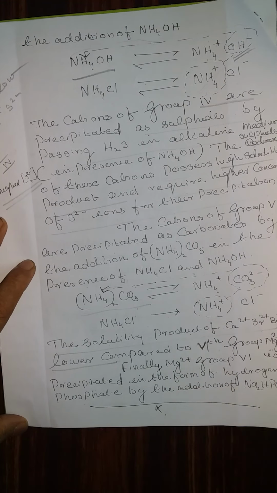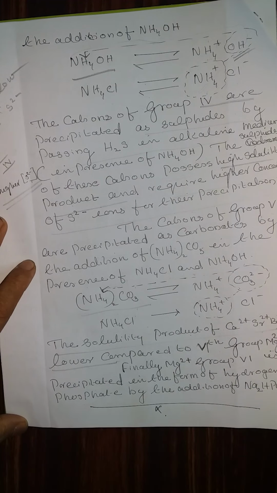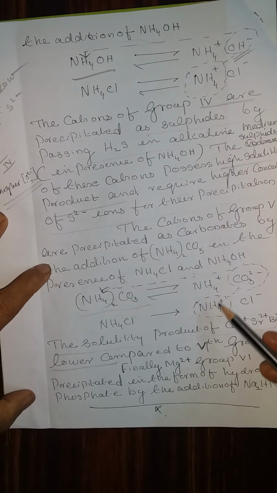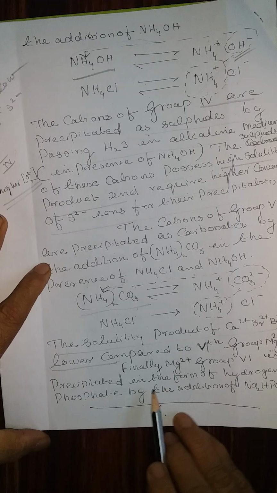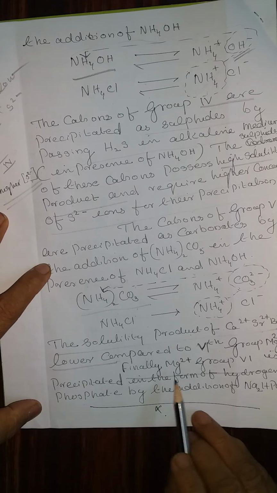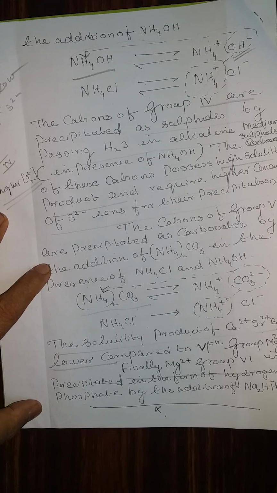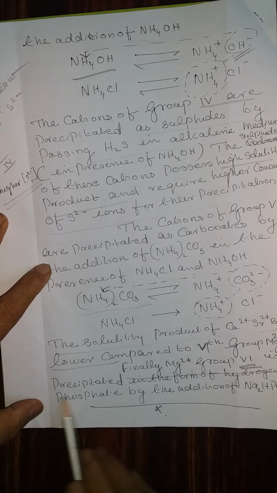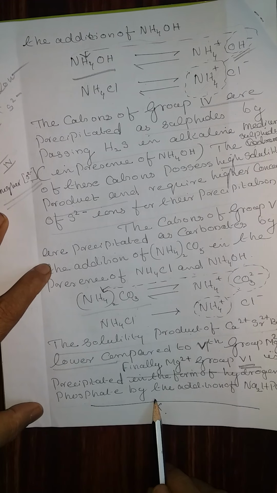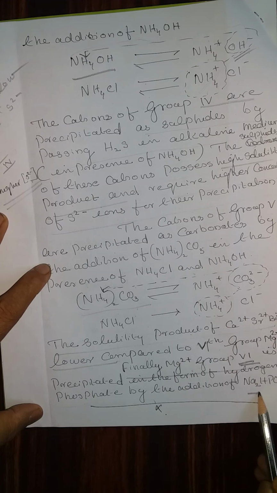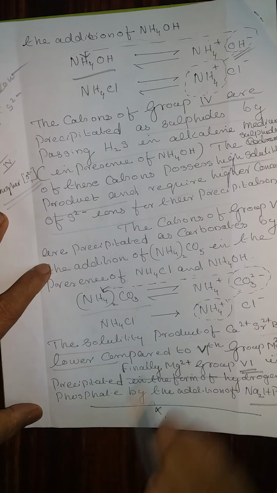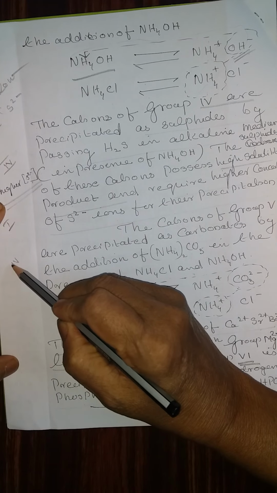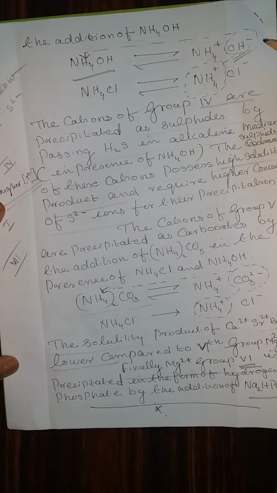That is why magnesium will never get precipitated in the fifth group, because its solubility product is higher. Therefore, the ionic product should exceed. Finally, Mg2+ in group 6 is precipitated in the form of magnesium ammonium phosphate by the addition of disodium hydrogen phosphate.